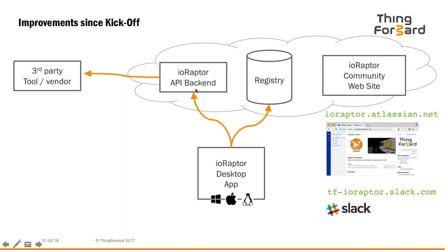It's a web app as well with a web UI, and it also combines what we already have as main information base and document base, so to say. That's our wiki, ioRaptor Atlassian.net, and a Slack channel, tf-ioRaptorslack.com, for just exchanging stuff and asking questions.